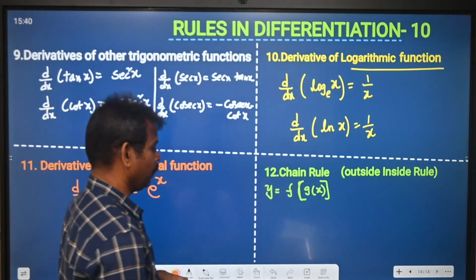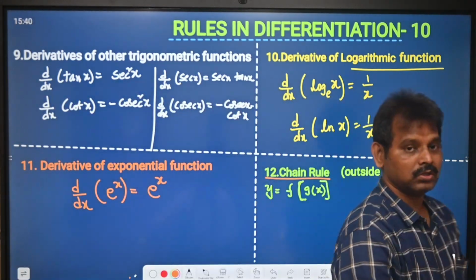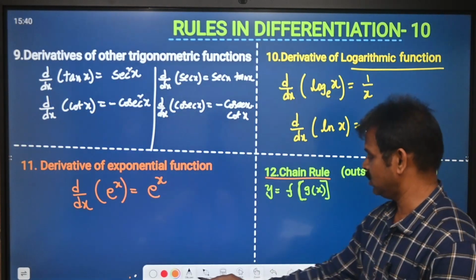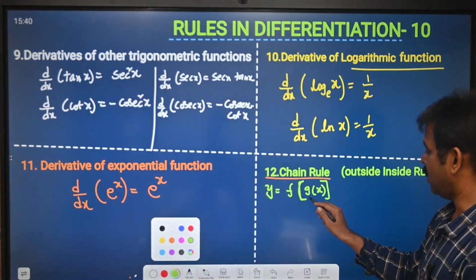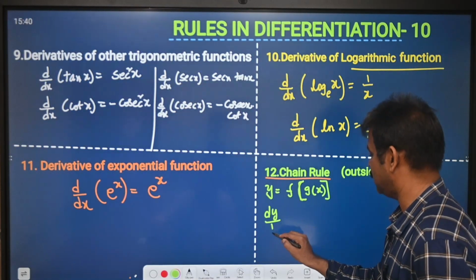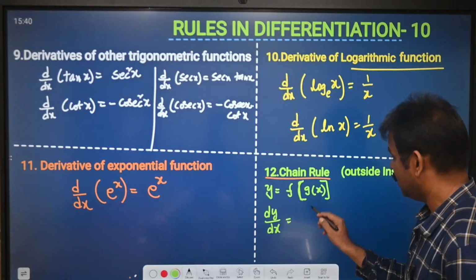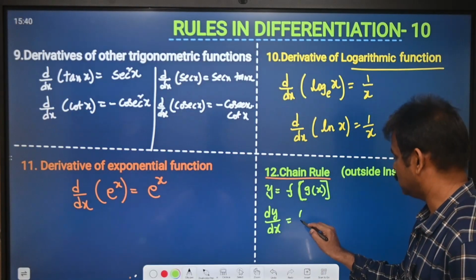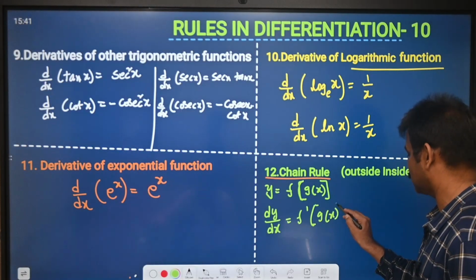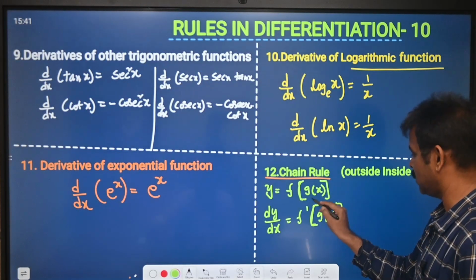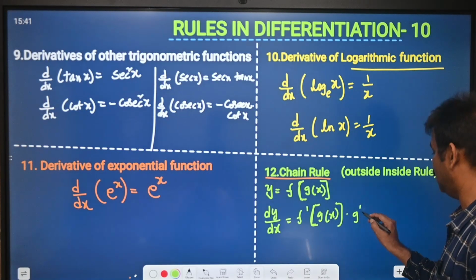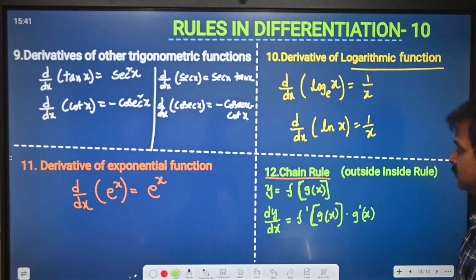But the chain rule, this is also called inside outside rule. Suppose a function is given as y is equal to f of g of x, then dy by dx can be written as, first differentiate the given function, that is f prime g of x, and then into g prime of x.